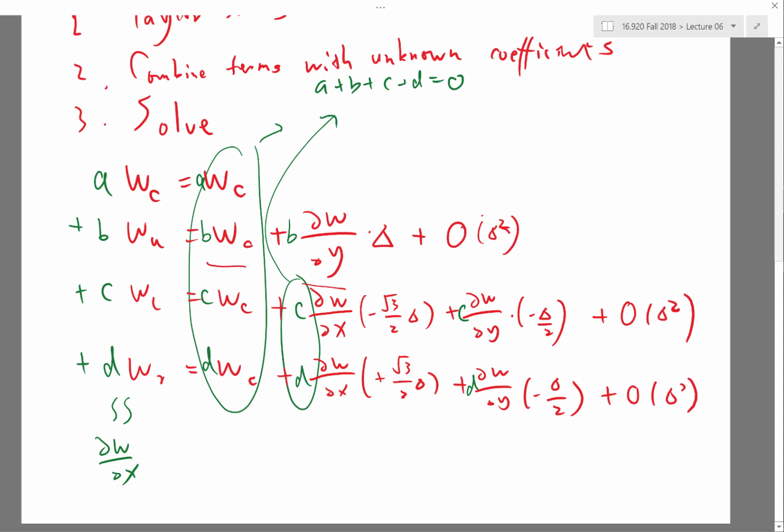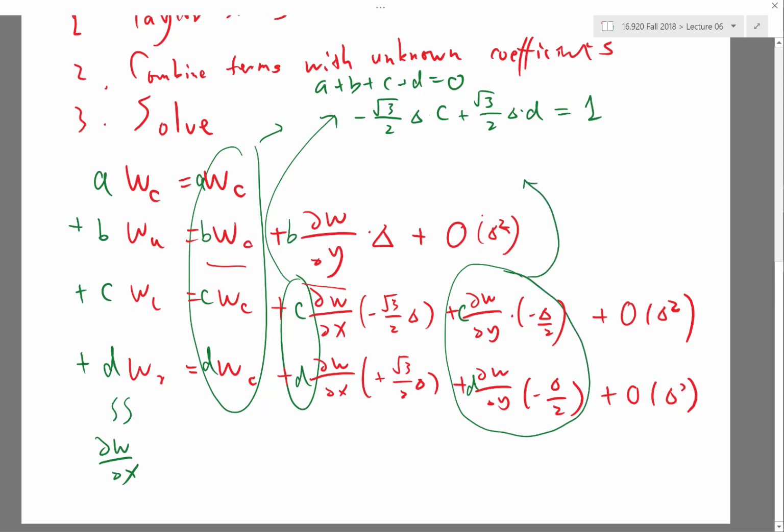So minus square root of 3 over 2 delta times c plus the same thing for d has to be equal to 1. That's what gives me the derivative. And now, with both minus delta over 2, c plus d is equal to 0.